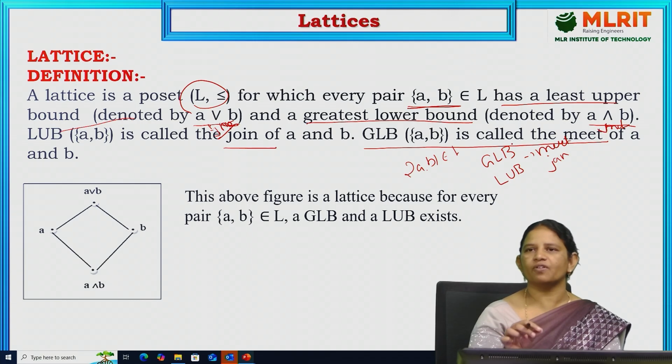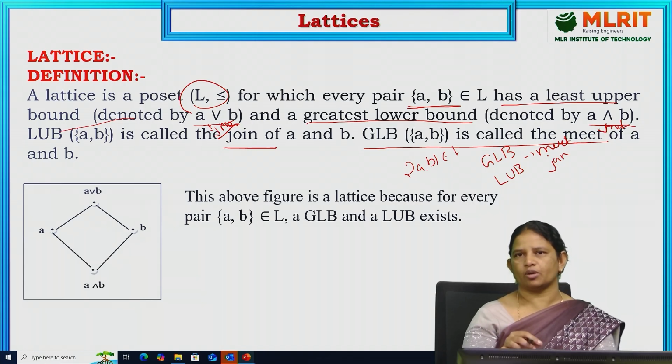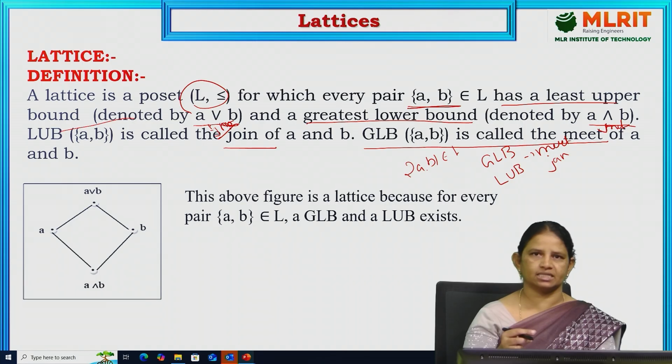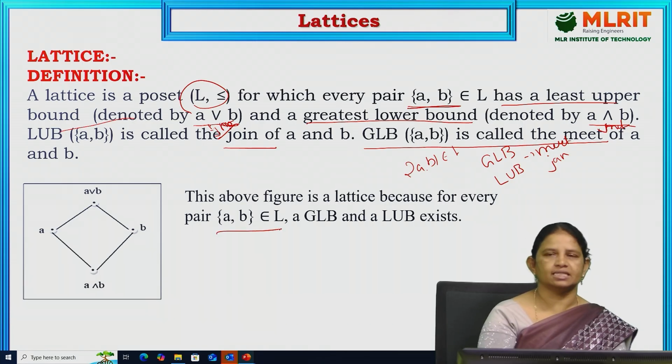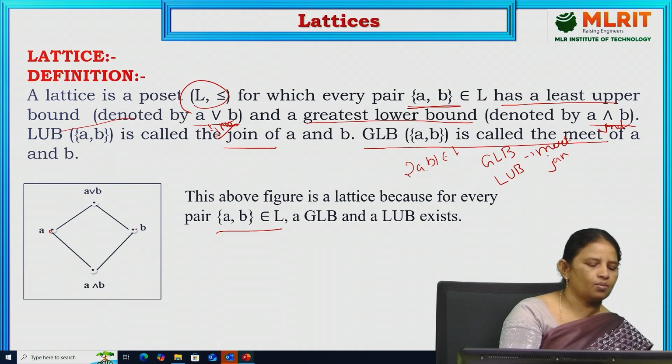So if for every pair of elements a greatest lower bound and a least upper bound exist, then (A, ≤) is said to be a lattice. This is the ordered pair, with elements a and b.